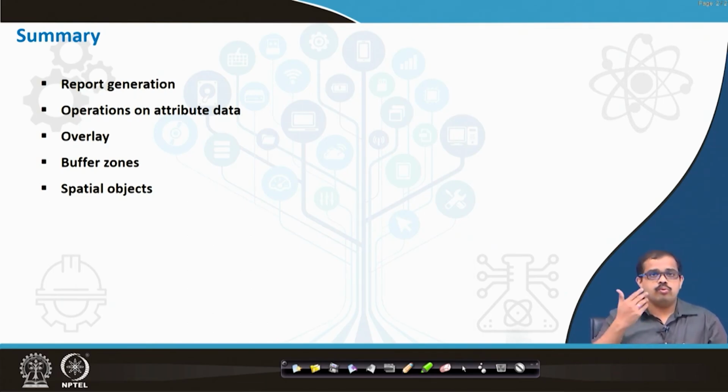That is what I expressed in terms of overlay, whether you are doing operations on attribute data or on buffer zones. Once we have understood each of these operations as different aspects, the final thing is how spatial objects can be manipulated and used in the analysis of data. That is exactly the way of representation you have to have, and please keep in mind that representation of anything is very contextual and application based; it cannot be similar for all applications.